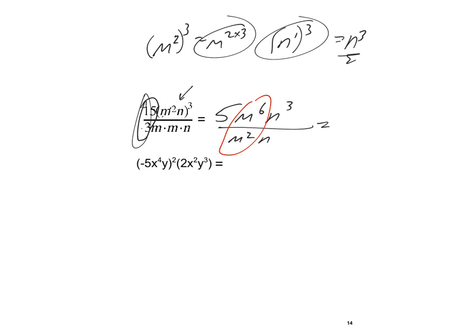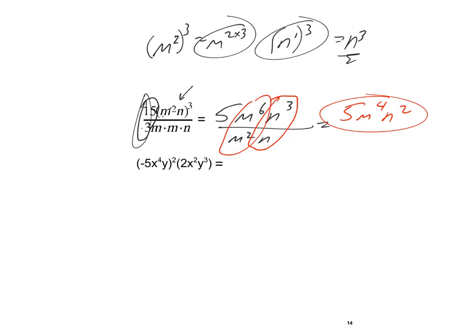Well, that would be m to the 6 minus 2, so that's m to the fourth. And then we've got n cubed over n to the first, so that would be n to the 3 minus 1, or n squared. Again, there is no more fraction anymore because all that's left there is 1. So I'm just going to leave it like this, and there you go.